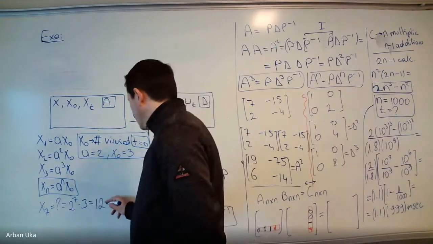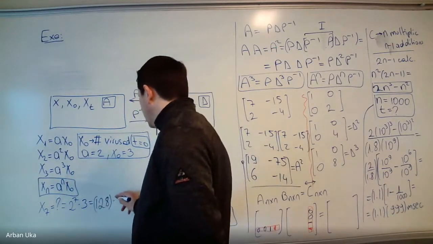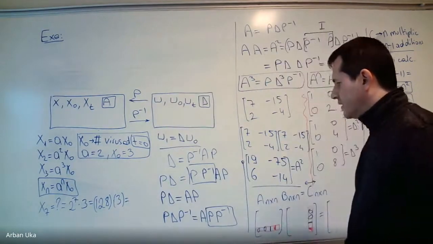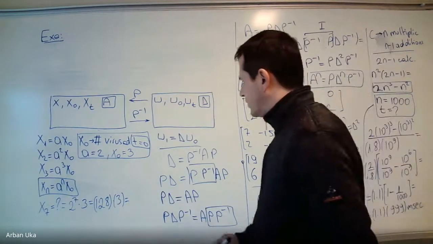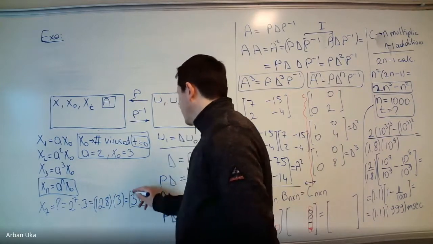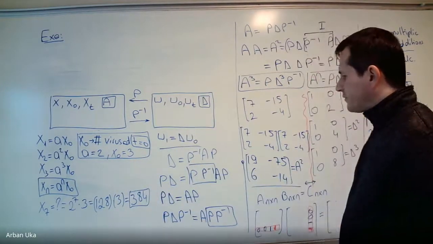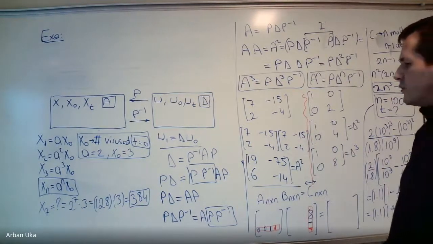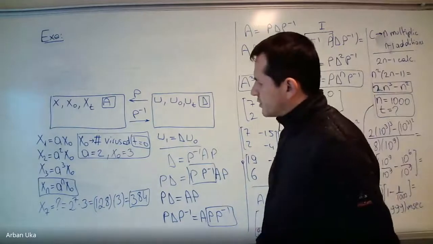You can correct me if this is not true. Times 3, and this would be equal to 384. Okay, so this will be the number of viruses. Wait a second, is this correct? Yeah. This will be the number of viruses sometime later on.